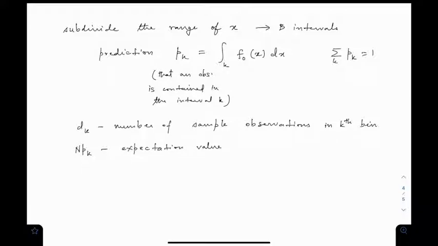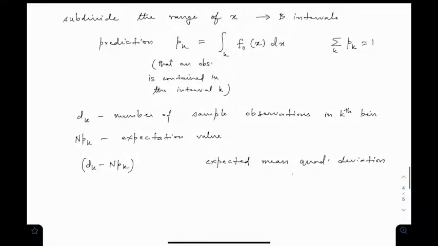Now to interpret the deviation dk minus n times pk, we have to evaluate the expected mean quadratic deviation delta k square under the condition that the prediction is correct.